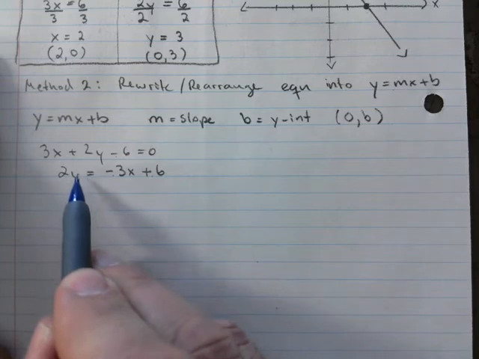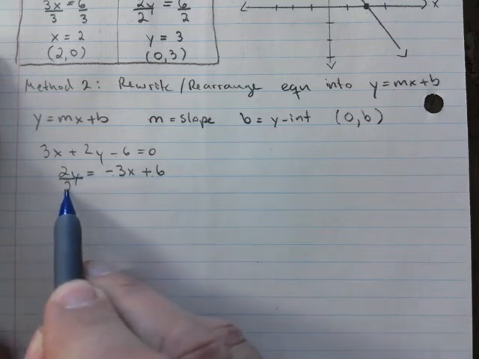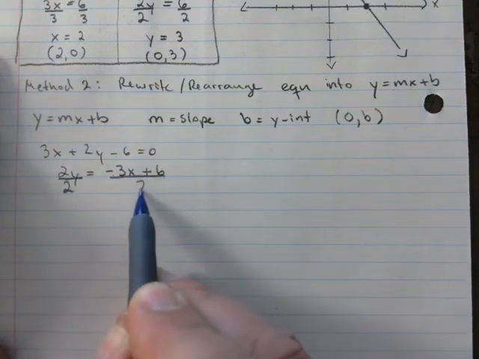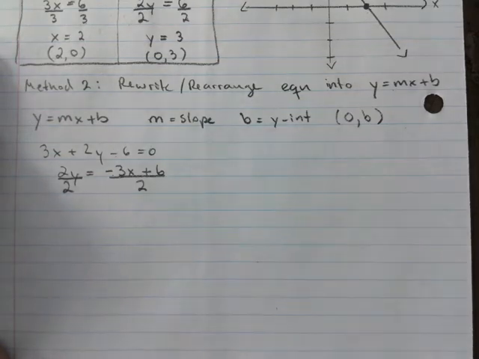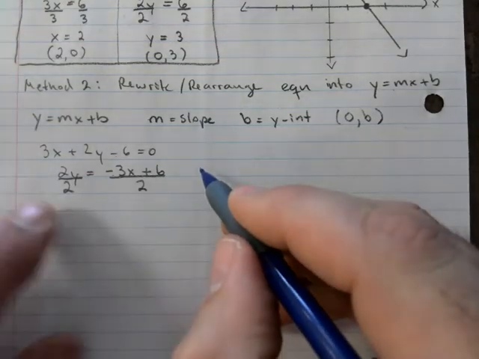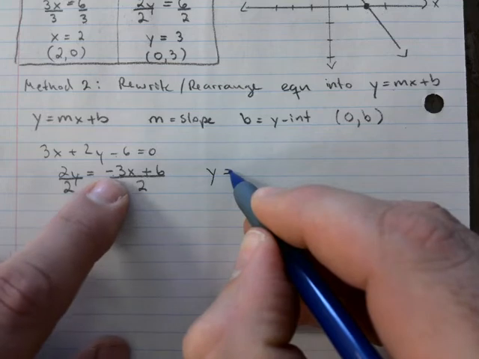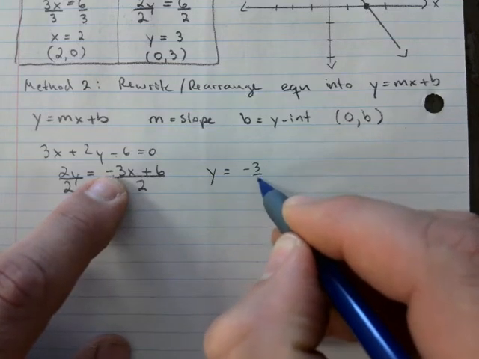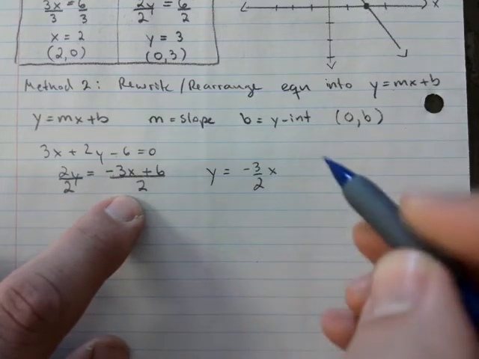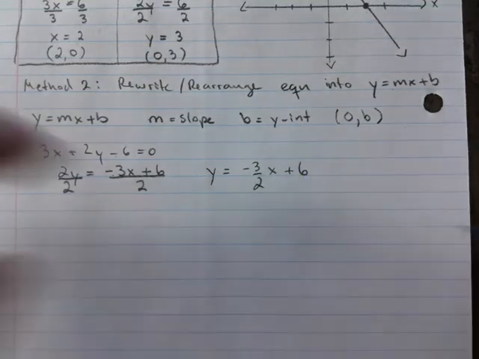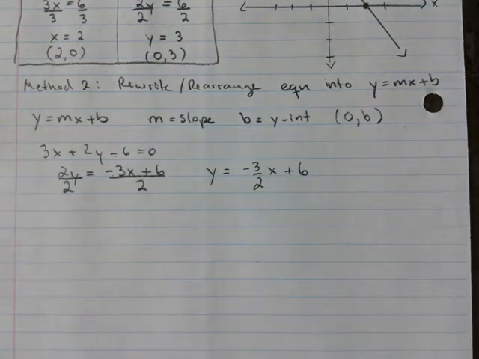Because it's 2y, you would have to say I'm dividing both sides by 2, correct? Both sides by 2. And so this will end up being y is equal to negative 3 over 2 x plus 6. And I hope you see the mistake.